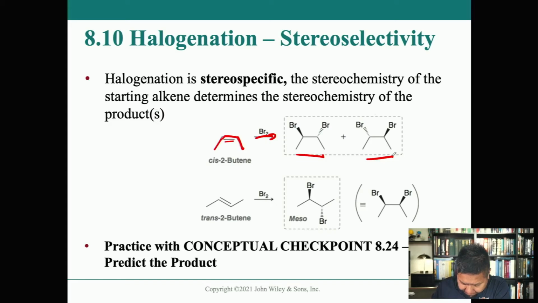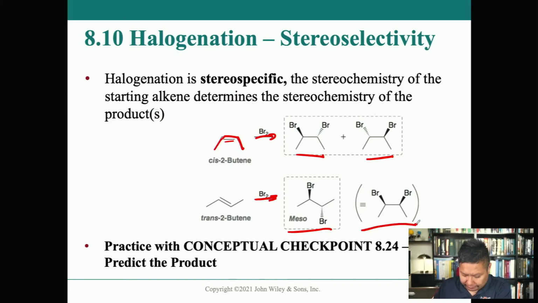But if you had a trans-2-butene and you did a halogenation reaction, you actually get a meso compound. Still anti-addition, but a meso compound. And if you rotate this molecule, you actually get that.